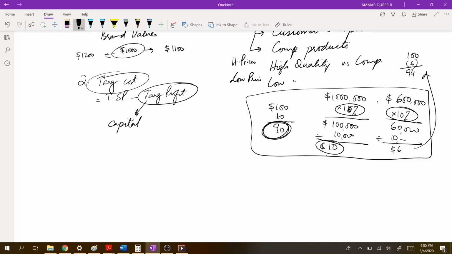Then for target costing, let's keep in mind the target cost, let's pick this $90. So now the targeted cost is $90, right? We need to identify what the expected cost of this particular product is.